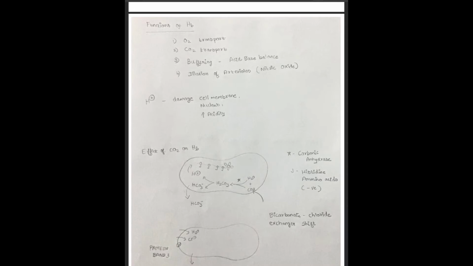What do you mean by buffering? Buffering, that is acid base balance, means whenever there is an increase in the hydrogen ion inside the RBCs, the hemoglobin function is to attach this hydrogen ion to its hook. That way there won't be any increased acid in the RBC, so there will be acid base balance.